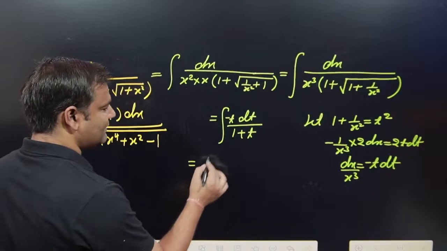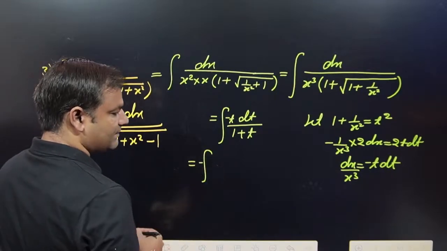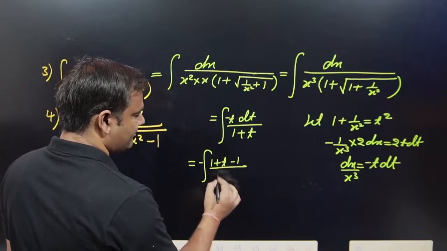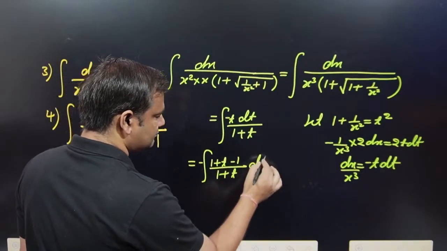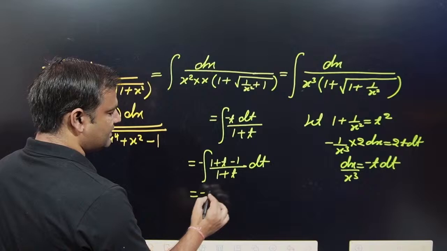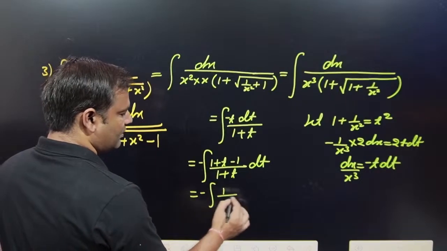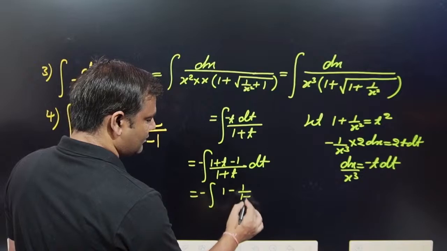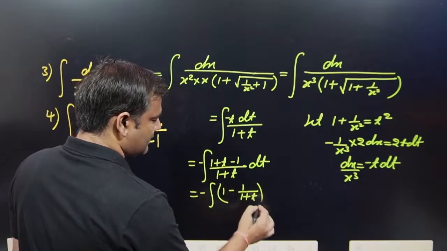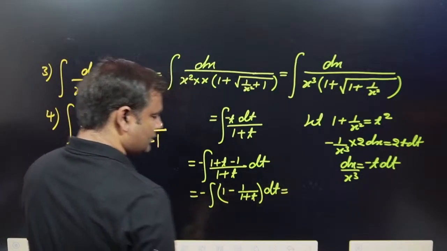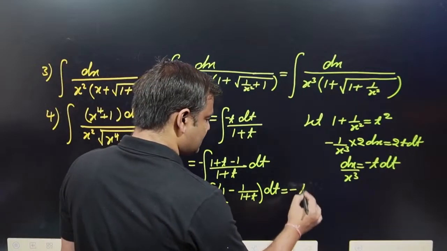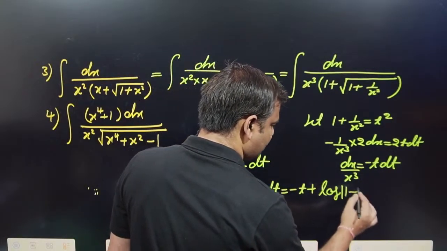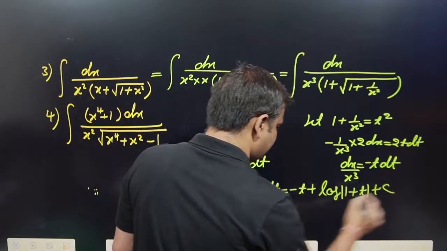After that look here, if minus is common, adding 1 and subtracting 1, then we get minus (1 minus 1 by 1 plus t) into dt. So what about that value? Simply minus t plus log of modulus of 1 plus t plus c.